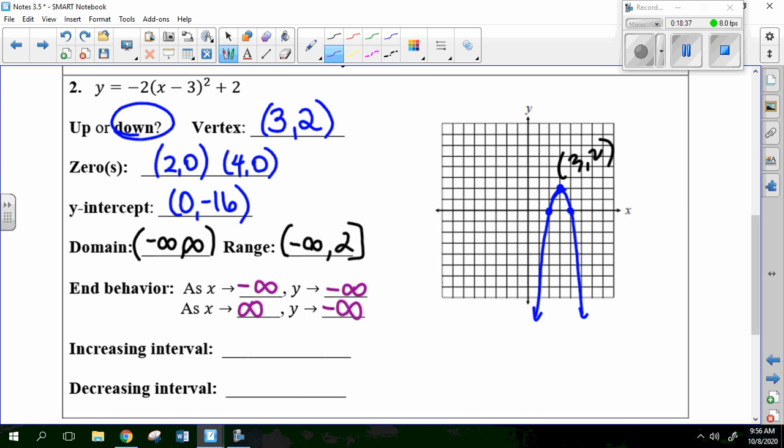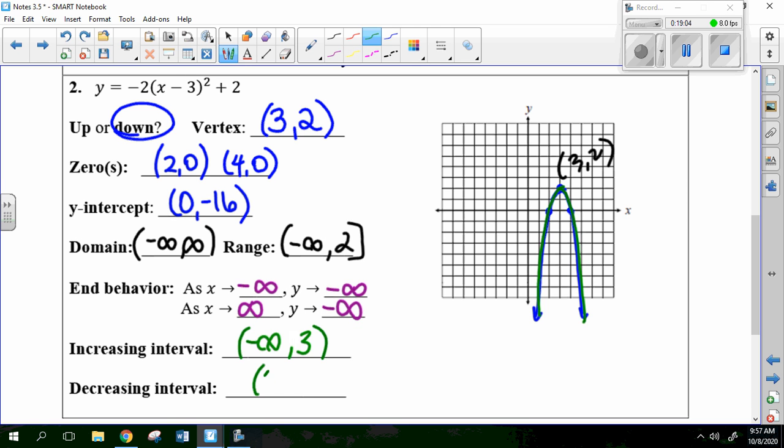And then when I trace from left to right, what's happening first? Increasing. So the increasing interval starts with negative infinity. Whichever one you do first, you start with negative infinity, and then you stop at the x value of the vertex. And then what's happening second? Decreasing.